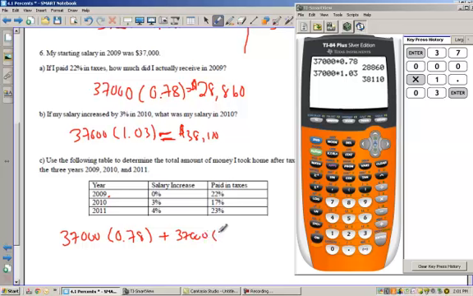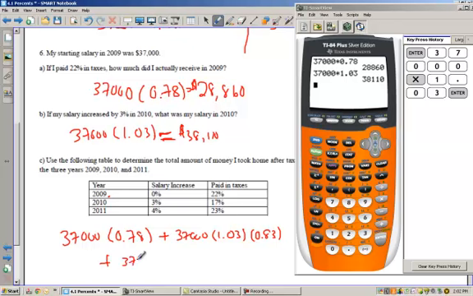So I'm really going to take home that whole year times 1.03. And out of that new salary, I paid 17% in taxes. So if I paid 17% in taxes, that means I actually received only 83% of this whole amount. So then I have 0.83 times that.